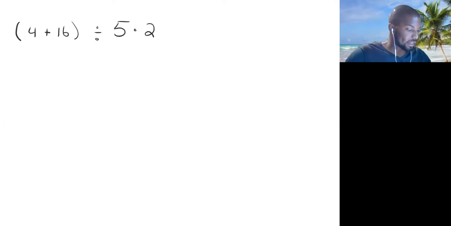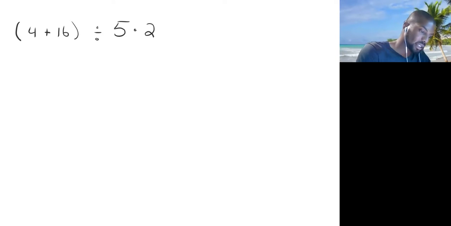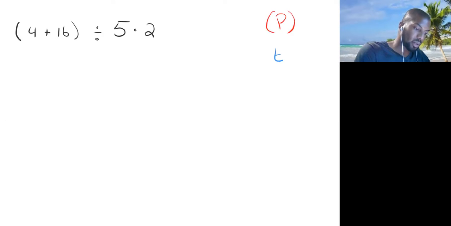All right, I recognize that there are multiple operations and there is a parenthesis, so I'm clearly going to have to use PEMDAS: parentheses, exponents, multiplication or division, whichever comes first, and then addition or subtraction.